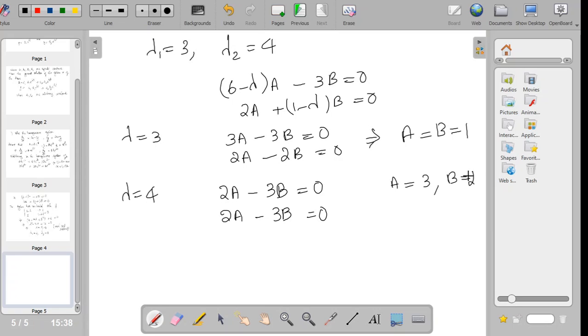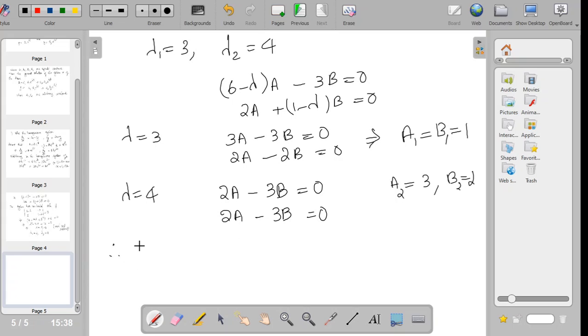That will satisfy the equation, and so this is a value for a and b. This I can take as a1, b1, and this can be taken as a2, b2. So that gives us the values.